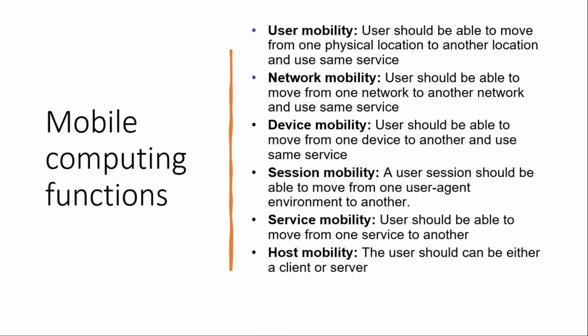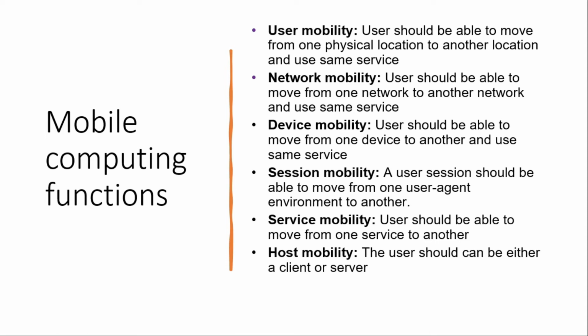Okay, next we continue with the mobile computing function. First is user mobility. User should be able to move from one physical location to another location and use the same service. Next is network mobility. User should be able to move from one network to another network and use the same service. Device mobility.